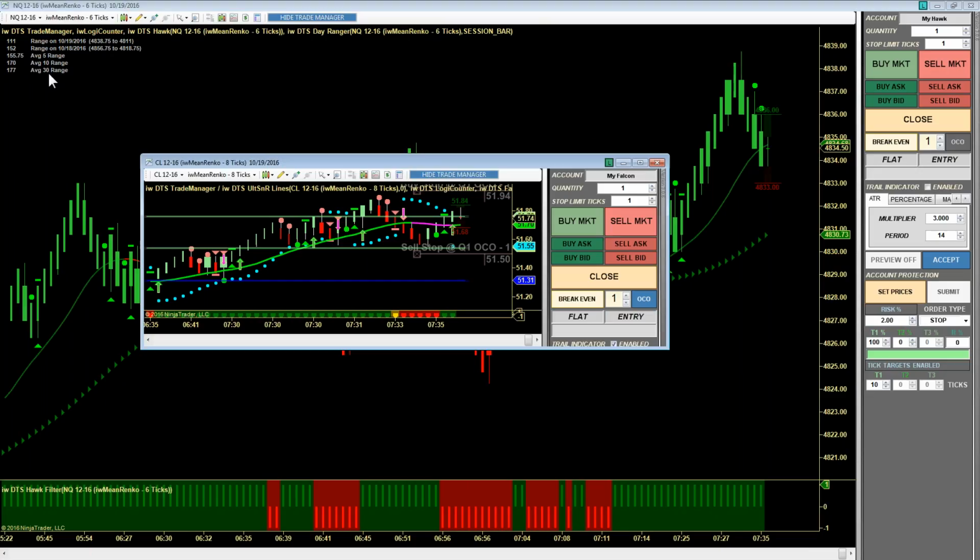So let's say the Day Ranger said we had a 200 tick range. It looked like the 30-day average was, say, well, here, we'll go with these numbers. Okay, so the numbers are congesting a little bit. We're going from about 180 down to 155, 150.